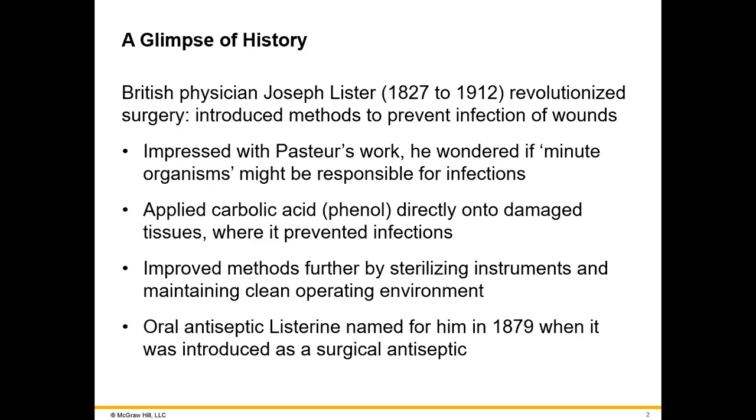The importance of the contributions, of course, of Joseph Lister, we see today. Some of you perhaps use the oral antiseptic Listerine that was named for him, back in the late 19th century, when it was first introduced as a surgical antiseptic.